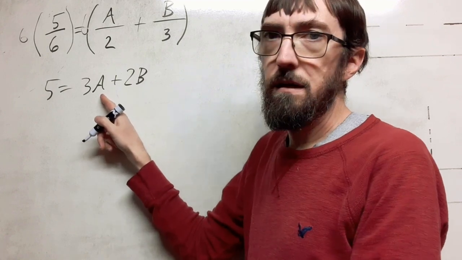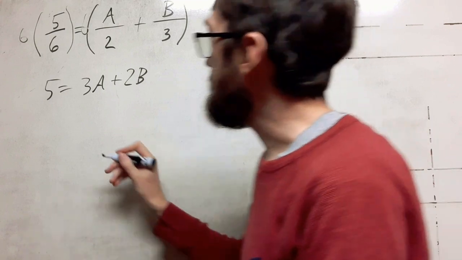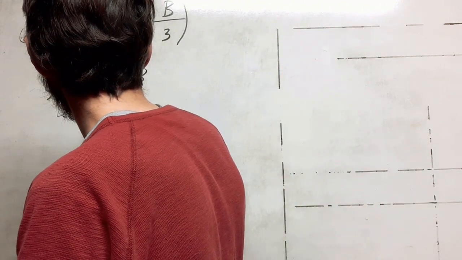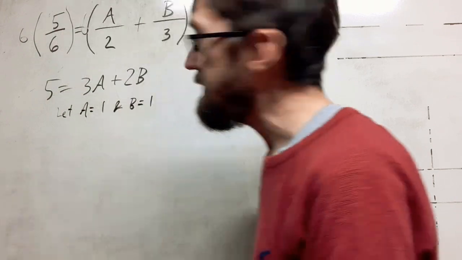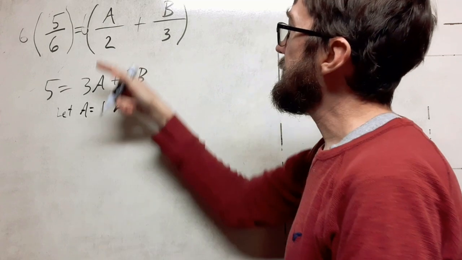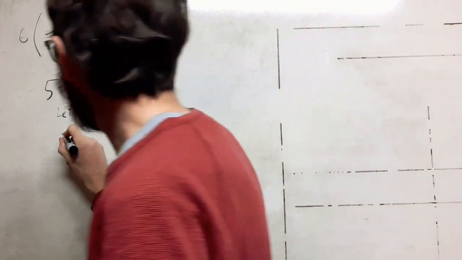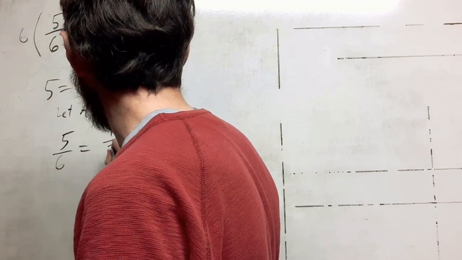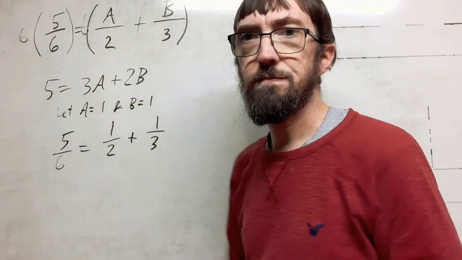If I let a be 1 and b be 1, then this is a true statement. So in this case, I can substitute 1 into here and 1 into here, so that I can make the statement that 5/6 is equal to 1/2 plus 1/3.